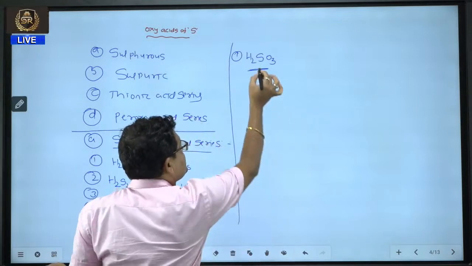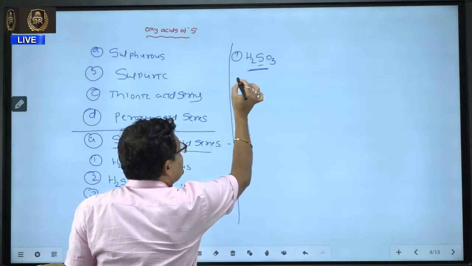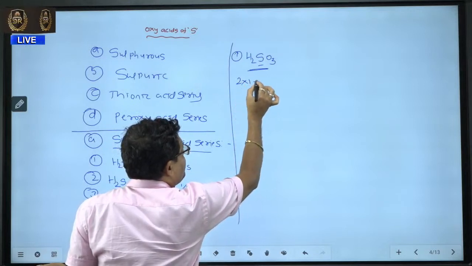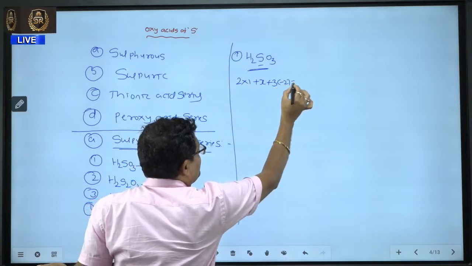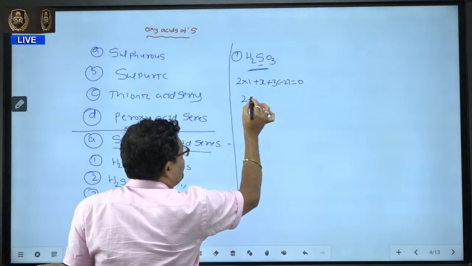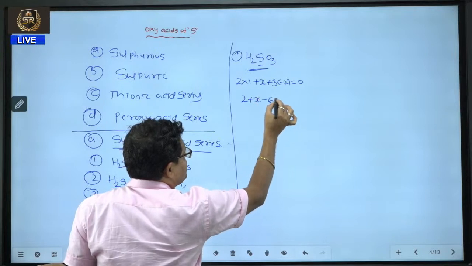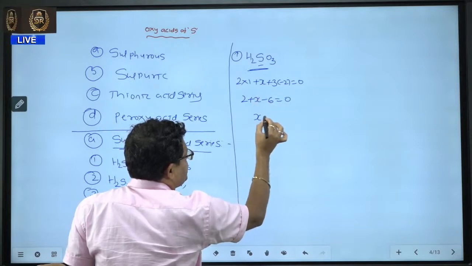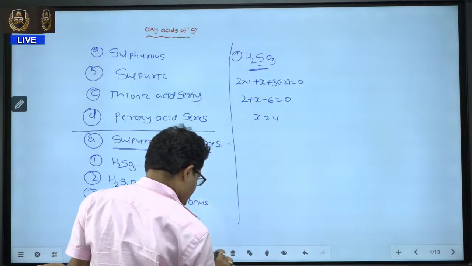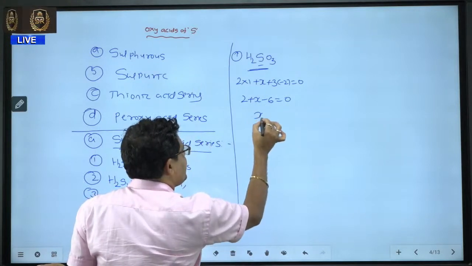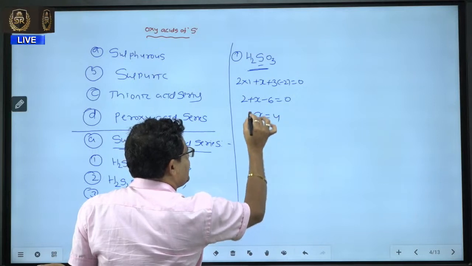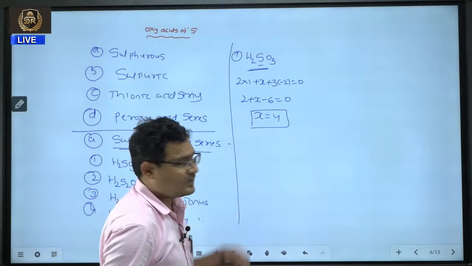First we find the oxidation state of sulfur. So 2 into 1 plus x plus 3 into minus 2 equals 0, 2 plus x minus 6 equals 0, x equals 4. Its oxidation state is 4.